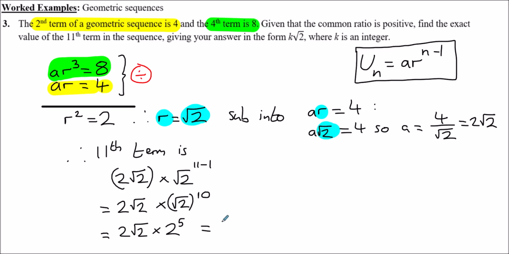So you've got 64 root 2. But again, at this stage, you could have just banged that into your calculator and it would have come out exactly as you needed. So 64 root 2. So in other words, k is 64 if you really want to say that. You don't need to. This is sufficient to pick up all the marks.